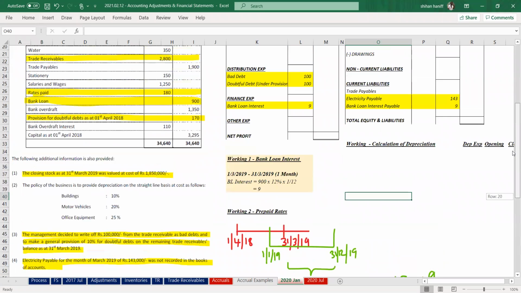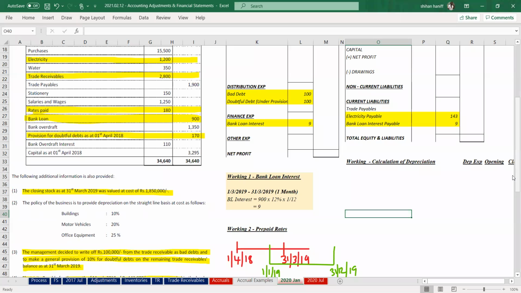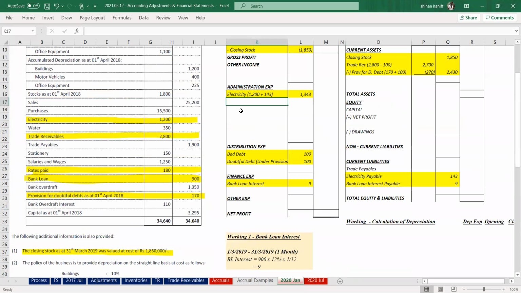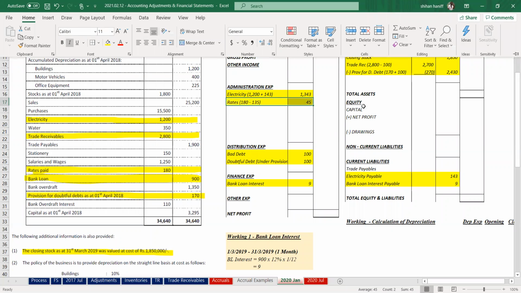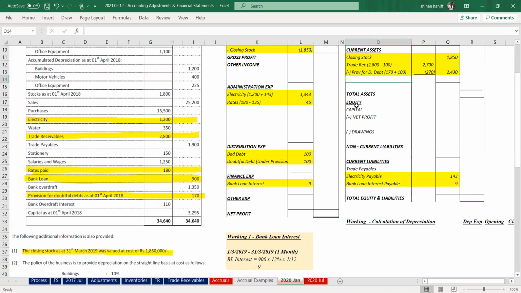So that will be deducted from the rates. Administration expense, rates: 180 minus 135, only 45 belongs to current year.